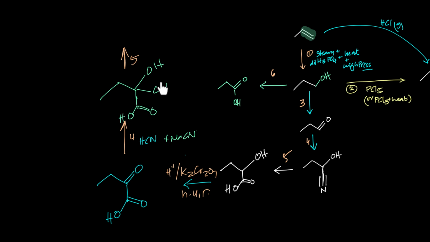And now this CN can become another acid. I know it's starting to get complicated, but you should be able to do this yourself also. So now I got another OH and now an acid. But now this is a tertiary alcohol, so this won't go anywhere. So now I've got 2 acid groups starting from one simple alkene.